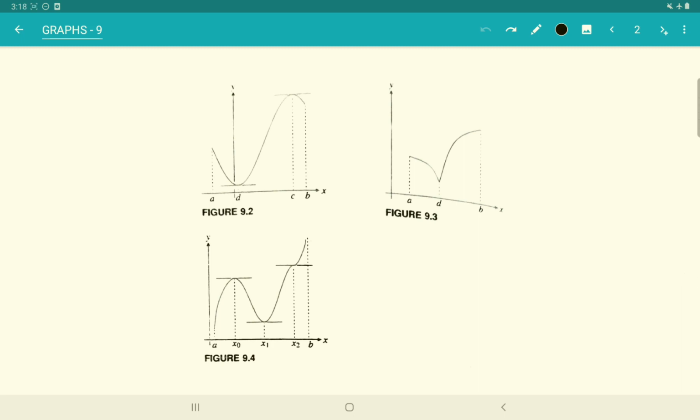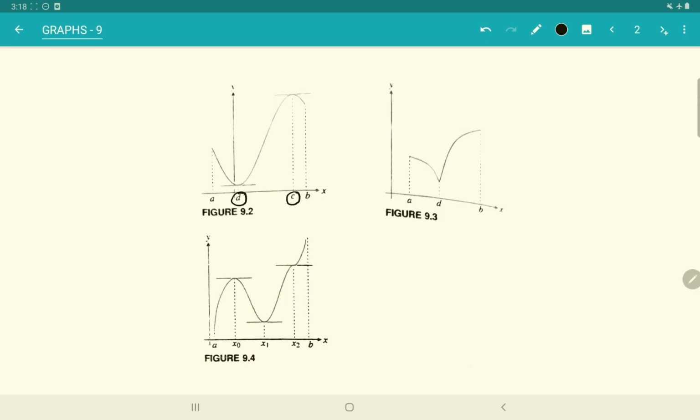Here we see that there are two stationary points, one is c and the other is d. At c there is a maximum and at d there is a minimum. If I take up the next diagram, figure 9.3, I see that the function has no stationary points.